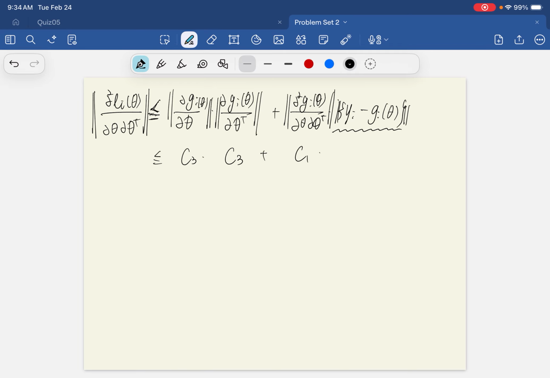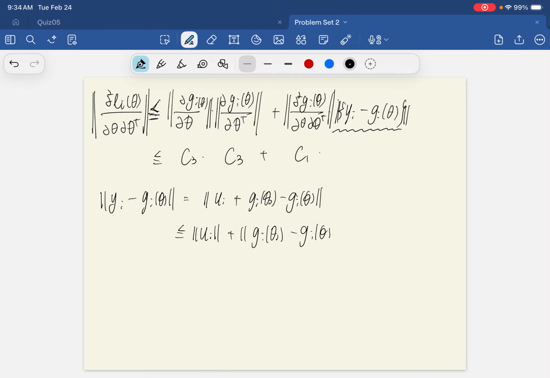So we just need to bound that one. Yi minus gi theta will be ui plus gi theta 0 minus gi theta. And we learned this is bounded by, say, C3 times C2.